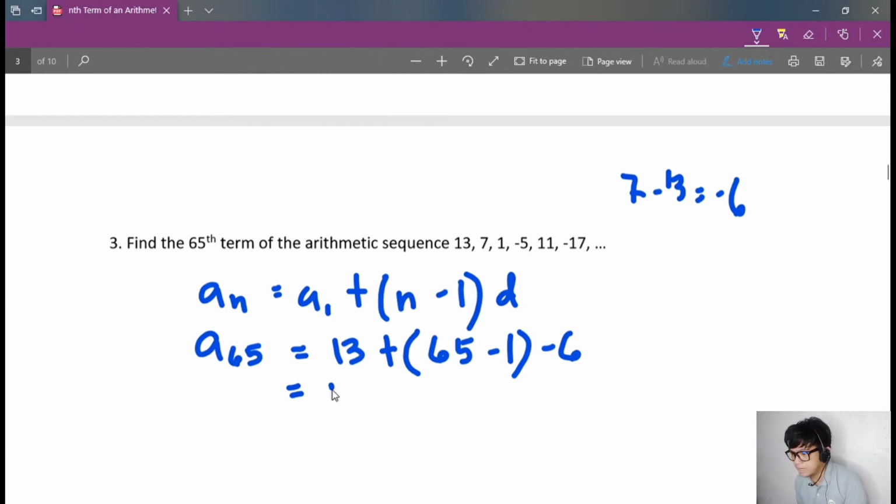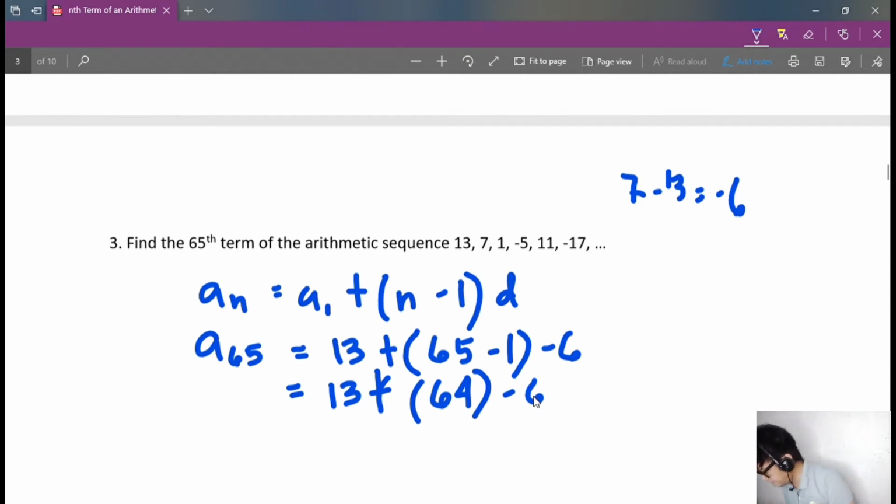So, simplify natin. 13 plus, this is plus 64 times negative 6. So, 64 times negative 6 is negative 384. So, 13 plus negative 384.